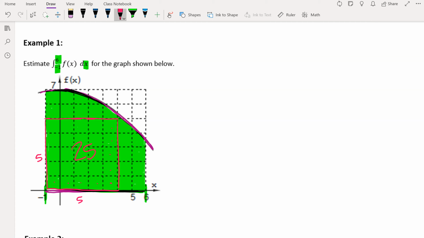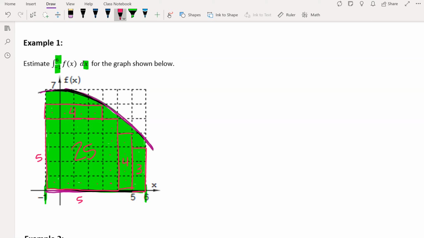Then we're counting just perfect ones for now. This is 4 squares. This is also 4. And this is 3. All right, and then we have these awkward little partial squares.